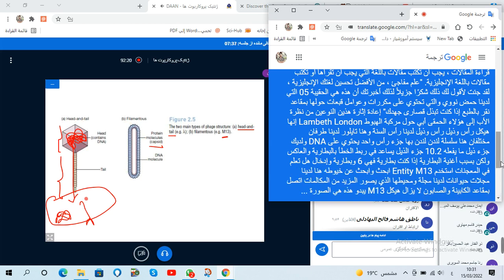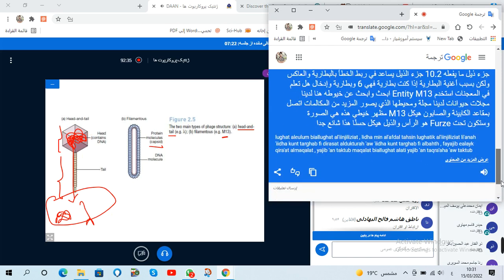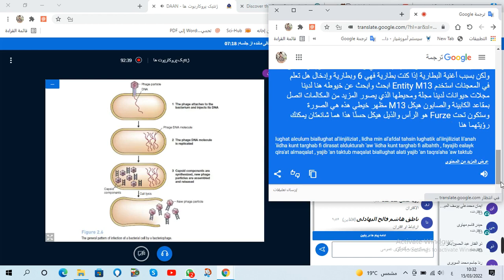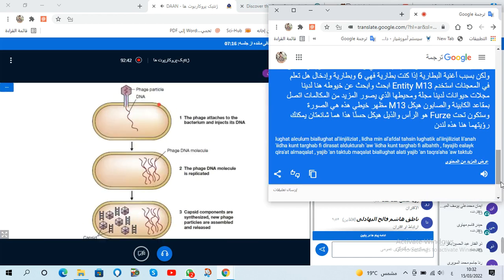And lambda phage has a head and tail structure. Okay, these are two common phages. You can see here, this is lambda phage.